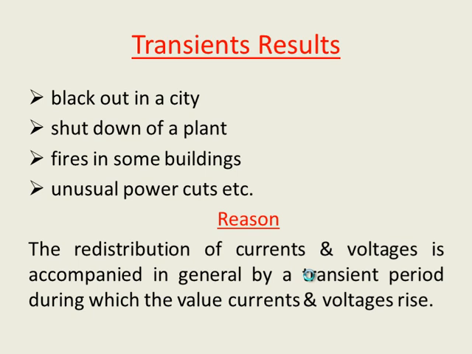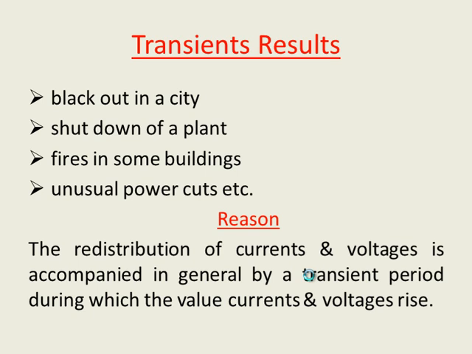Now, during the operating condition, this circuit normally remains energized and carries load until a fault suddenly occurs. This fault then corresponds to the closing of a circuit breaker or switch, or it may be a fuse.